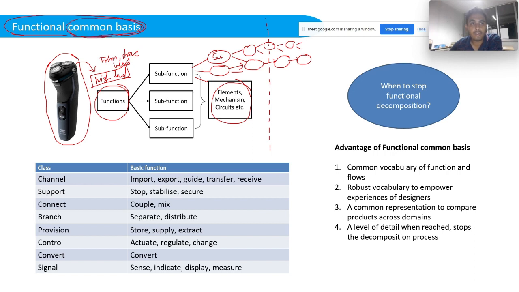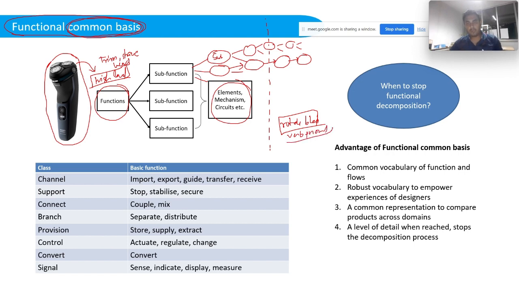Okay. Common basis means there are certain verbs that follow nouns. For example, I discussed in the last class how to write functions, like rotate blade, so it's a verb plus noun.